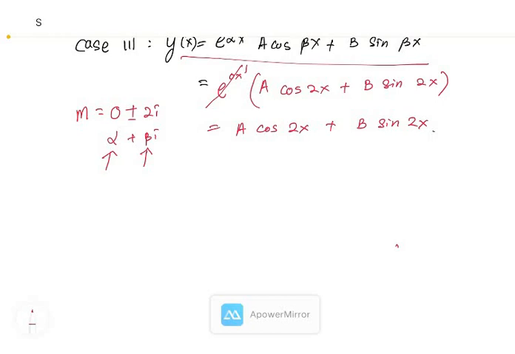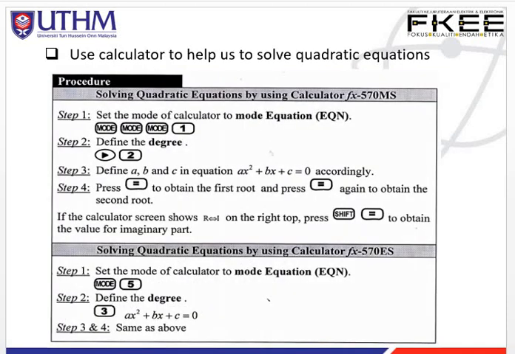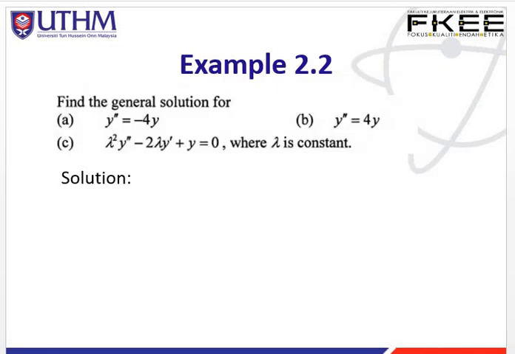Now we refer to the second question. B, y double prime equal to 4y. Similarly, we move the 4y to the left, so you change to the polynomial m squared minus 4 equal to 0.